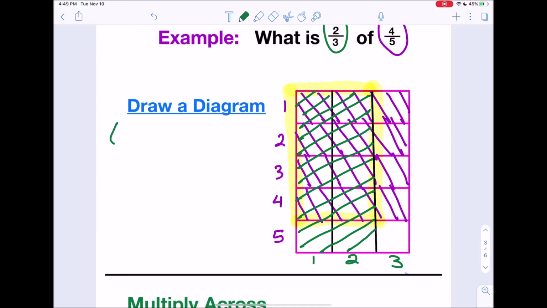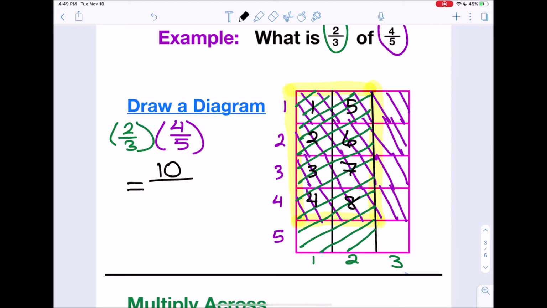So we had 2/3 times 4/5, and we ended up with 1, 2, 3, 4, 5, 6, 7, 8 with the overlapping colors. And then if we add the rest of them, 9, 10, 11, 12, 13, 14, 15, that we know it's 10 out of 15, or I'm sorry, 8, not 10.